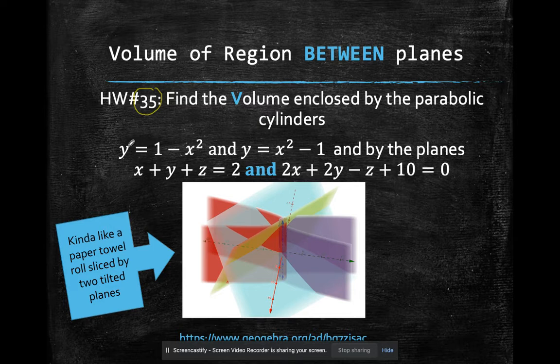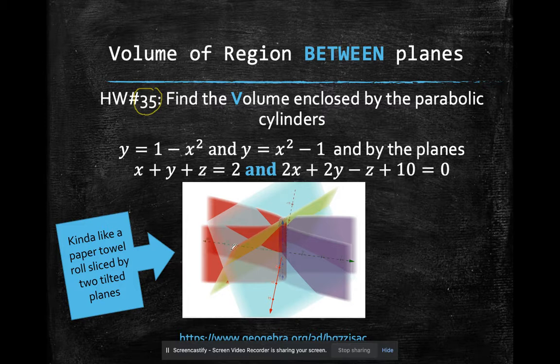But I am dealing with two parabolas, right? If you think about these two parabolas, I have the red and the purple, and then I've got two planes. See this kind of gray plane and a yellow plane. And if you do go to the Geogebra site and look at it, it kind of sort of looks like a paper towel roll that has been sliced, right?